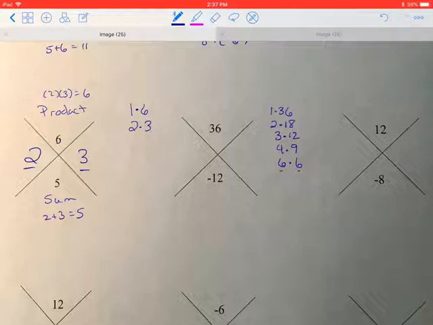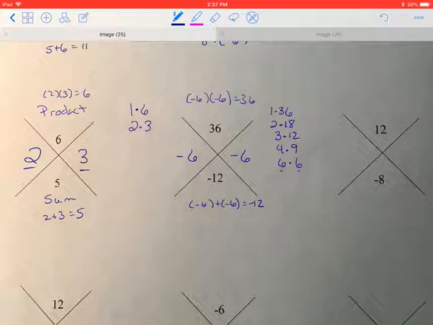Now I want them to add to be a negative 12. I know that 6 and 6 add to be 12, but if I make them both negative, then negative 6 plus negative 6 gives me negative 12. And the product of negative 6 times negative 6 gives me positive 36.